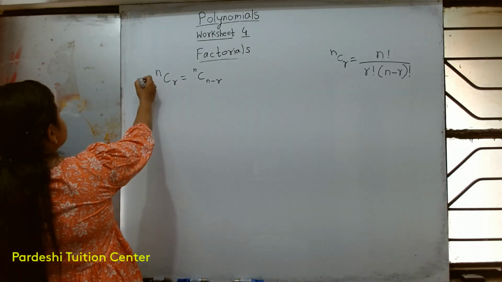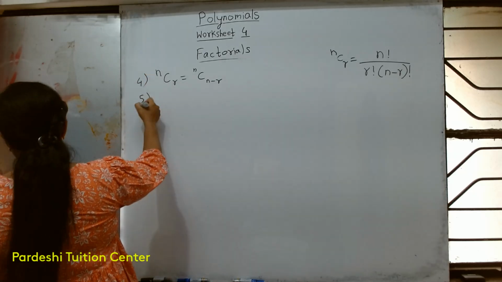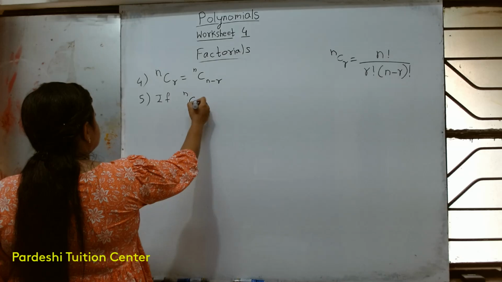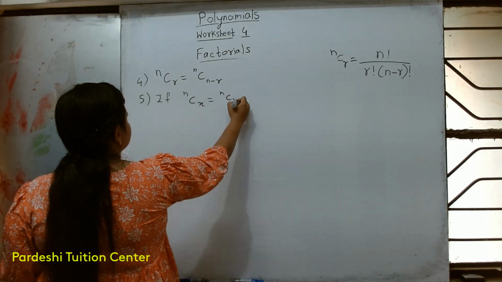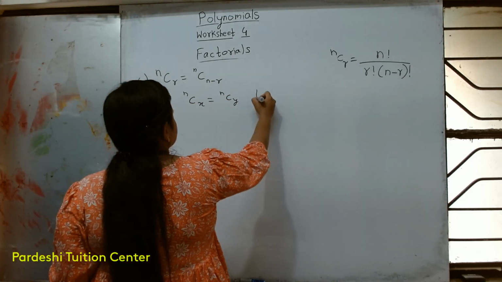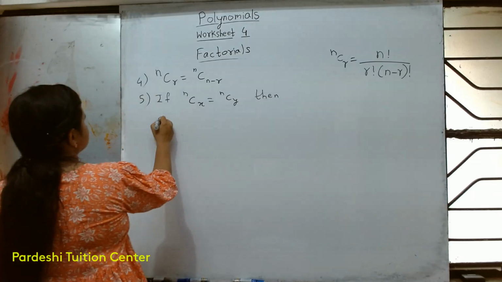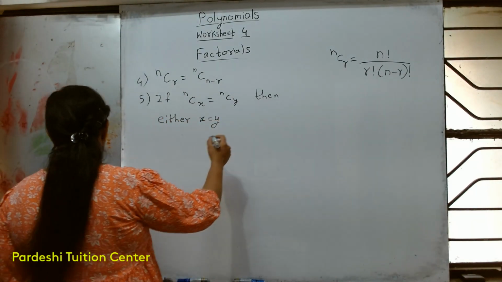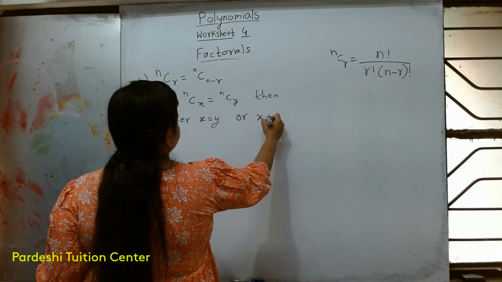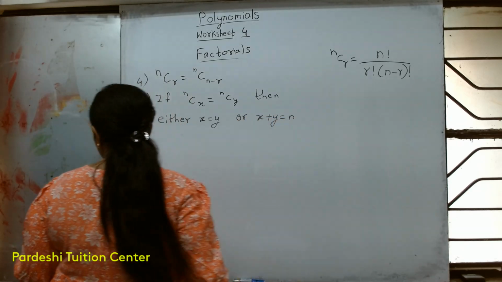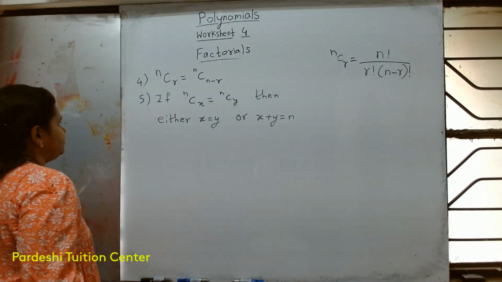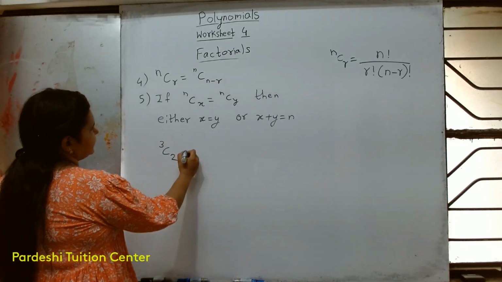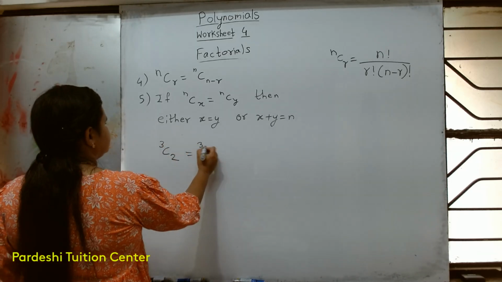Now, the fifth formula is: if nCx equals nCy, then either x equals y or x plus y equals n. If I take 3C2 as an example, 3C2 is equal to 3C1.